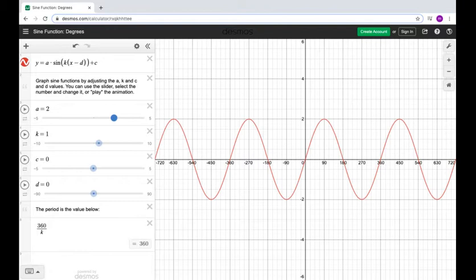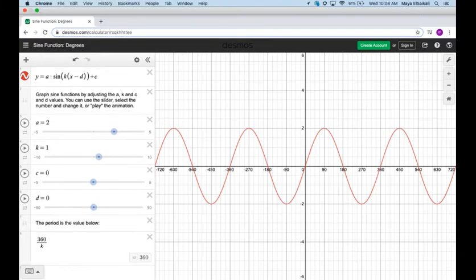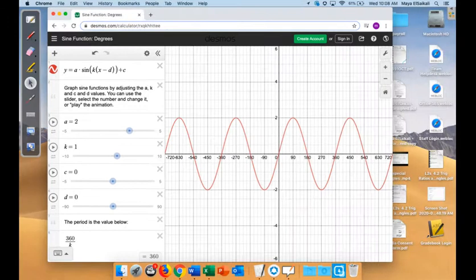But as I change a, I have a vertical stretch here, and that represents the amplitude. Just to remind you, the amplitude is from the axis of the sinusoidal function to the max. So let me just show you this.